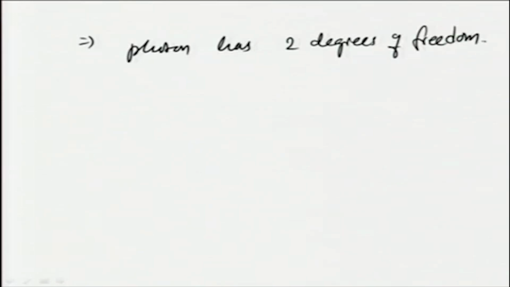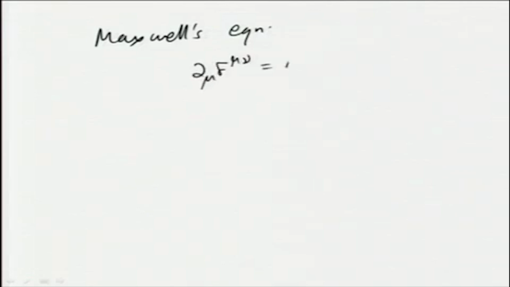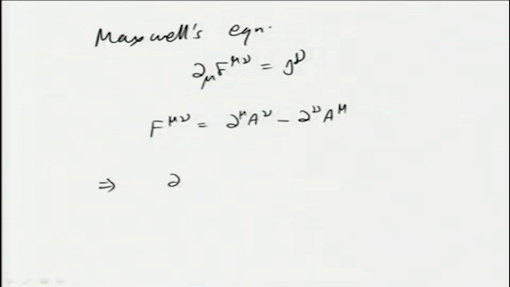So, let us summarize what we have been doing. We had the Maxwell's equation in terms of field tensor, dou mu F mu nu equal to J nu, and we could write F mu nu in terms of vector potential as dou mu A nu minus dou nu A mu. That gave the Maxwell's equation as dou mu dou mu A nu minus dou nu dou mu A mu equal to J nu.